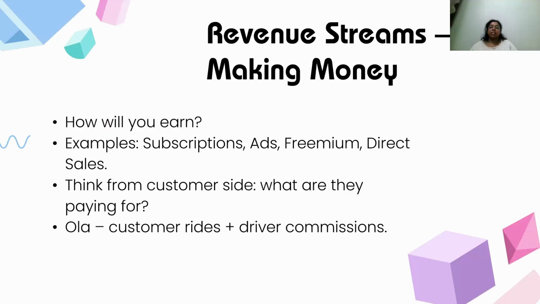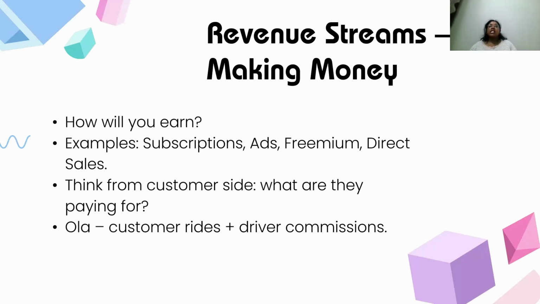Then they extended for 6 months. Then they went subscription based, right? So these are different types of models for revenue stream. For different products, the method of revenue stream will be different. What are the different ways in which you can earn money is called a revenue stream.